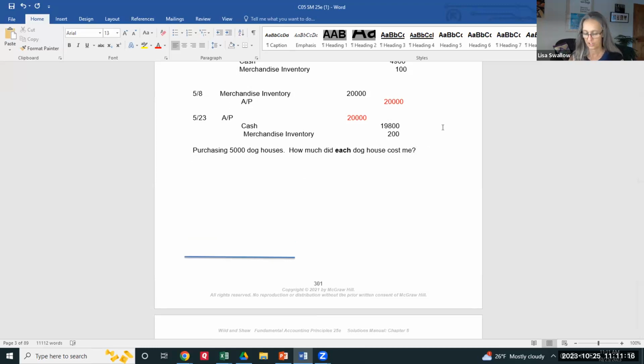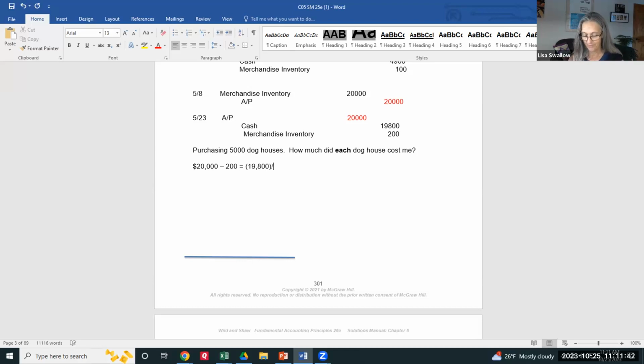So originally, I'm just looking at my T account of inventory, right? I've got a debit for 20,000. Then I got a purchase discount for $200. So the cost basis that I have in these is $19,800.